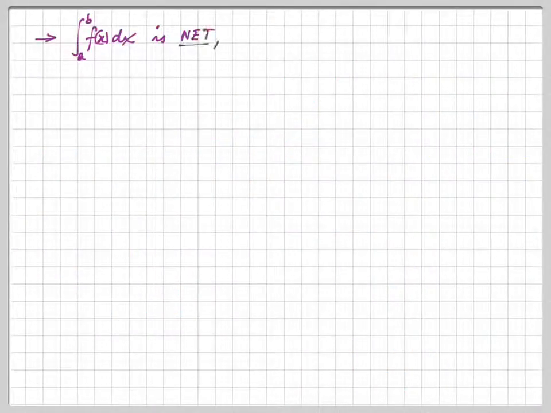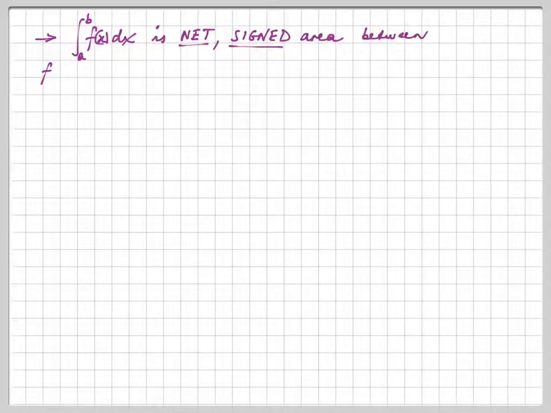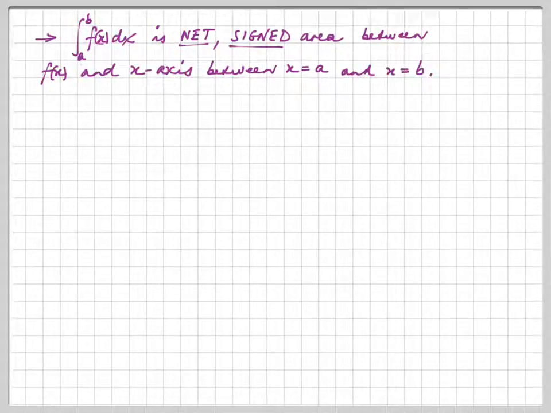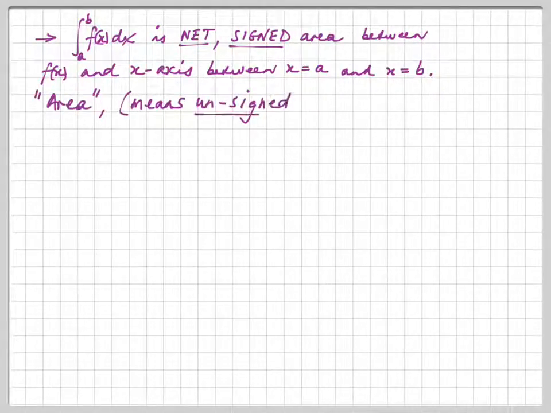So therefore what we're saying is that the integral of f of x dx from a to b is the net signed area between f of x and the x-axis, between x is a and x is b. And the area as such, if you just talk about area, which the textbook questions and the exam questions will ask you, if they just say what is the area, they're talking about the unsigned area.